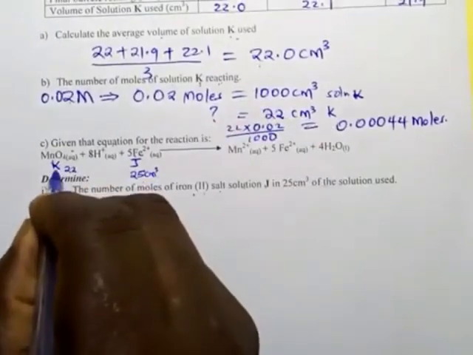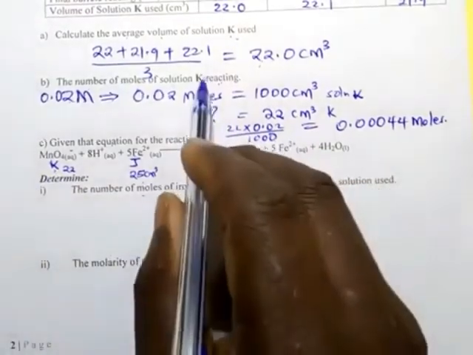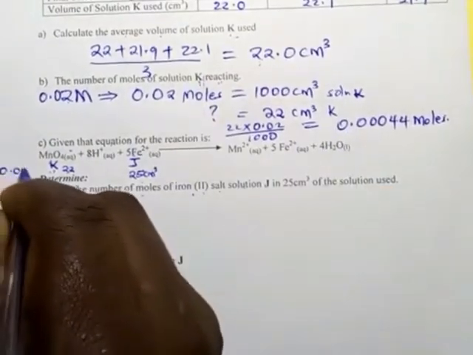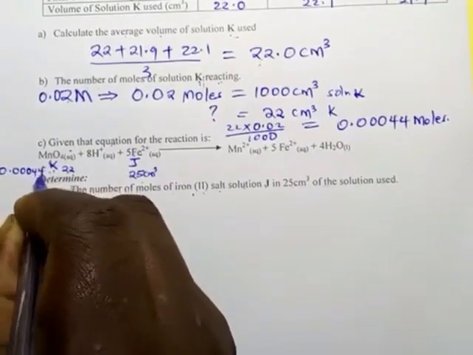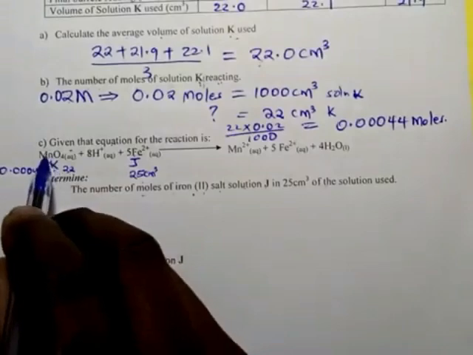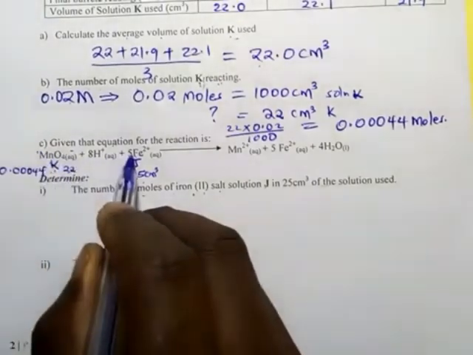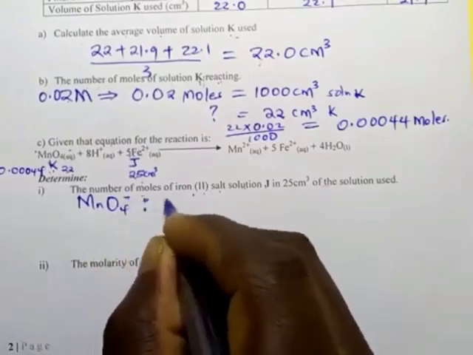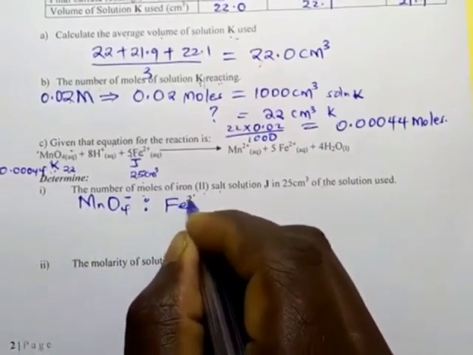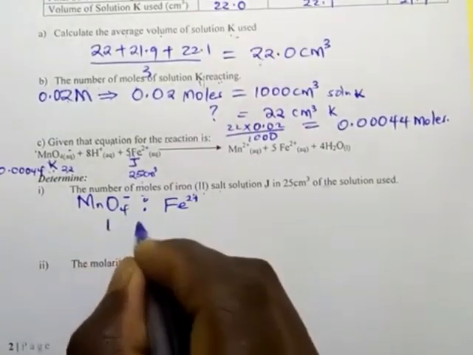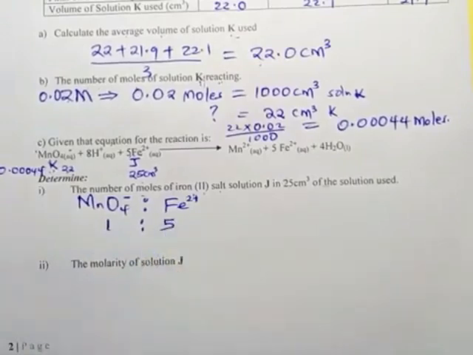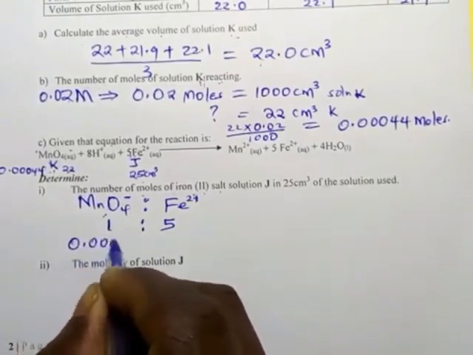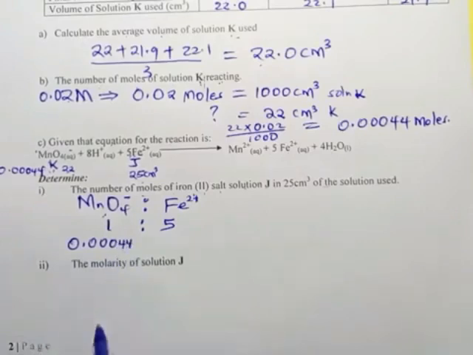Now we have the number of moles of K that reacted with J. The number of moles is this one, 0.00044. We can see that the mole ratio of the permanganate ion to the iron is 1 to 5. We know the number of moles of this, which is 0.00044.